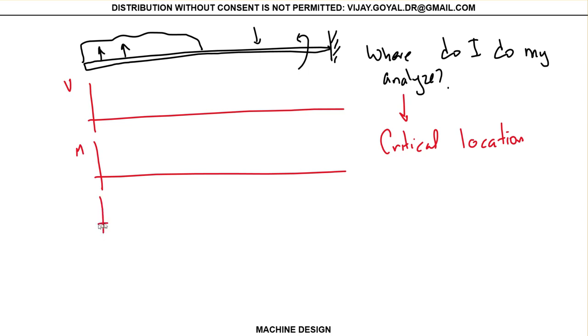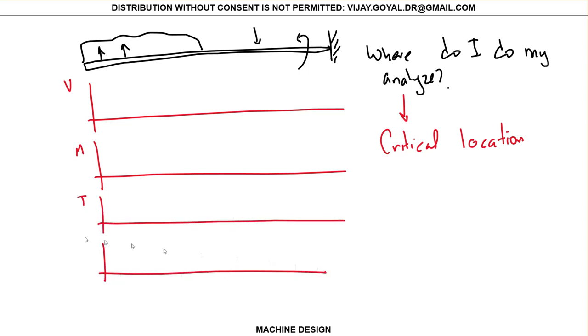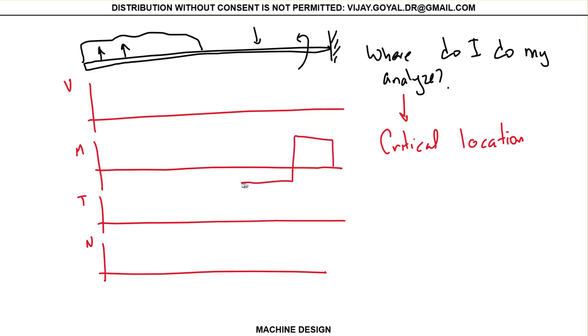You may have torque, you may have your axial load, and from this, in this particular problem, your diagram probably looks something like this. I'm not sure how it looks, but just for the sake of argument, we draw the diagram and maybe it looks something like this.